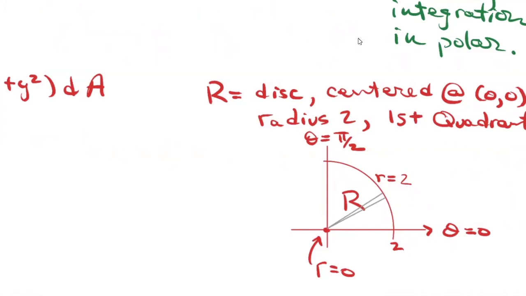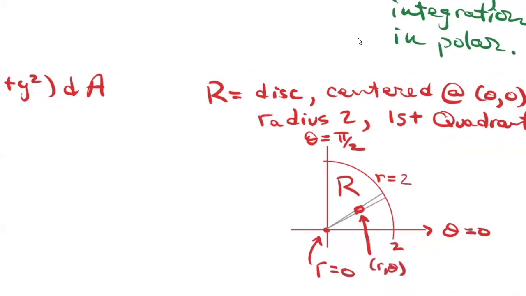And then I'll put that little red differential area in there, just a little teeny slice of area. That's my dA. And the coordinates of that point are r theta. Right in the middle of that is the point r theta.